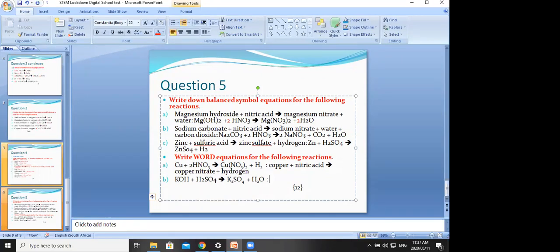Potassium hydroxide and sulfuric acid to give us potassium sulfate and water.